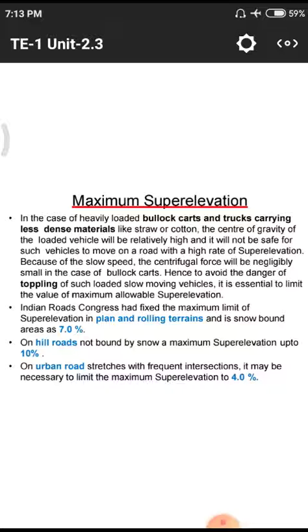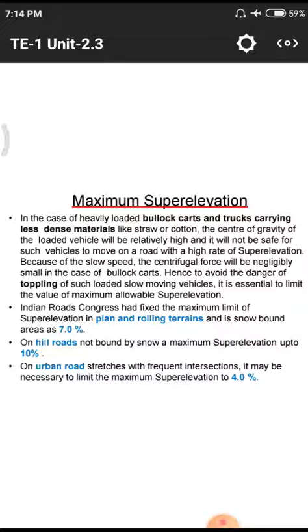In this case, we consider heavily loaded bullock carts and trucks carrying less dense materials. Less dense materials means materials having low density, and low density means low weight. That means the total vehicle has a smaller quantity of weight. The center of gravity of the loaded vehicle will be relatively low, and that will be safe for such vehicles to move on a road with a high rate of super elevation because of their slow speed.